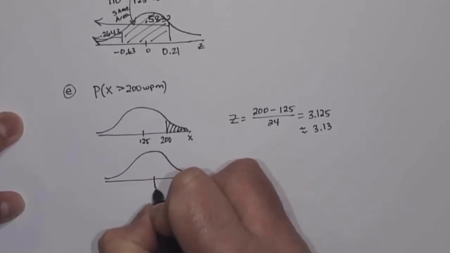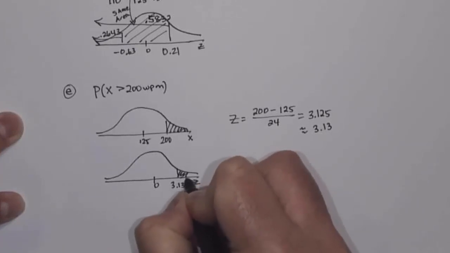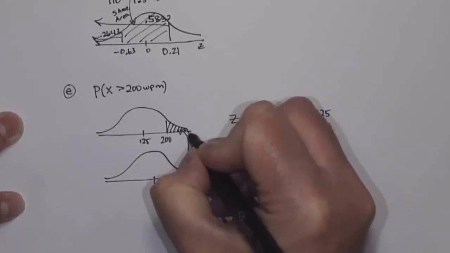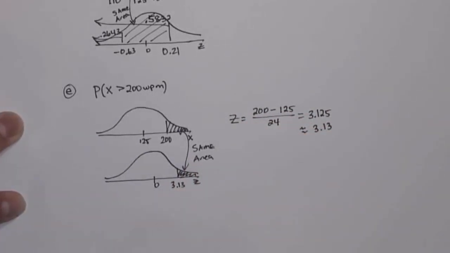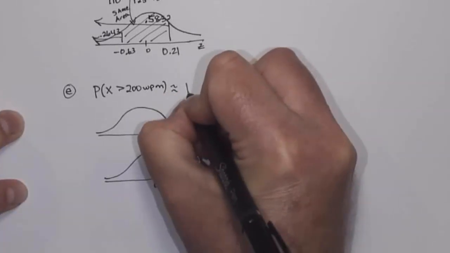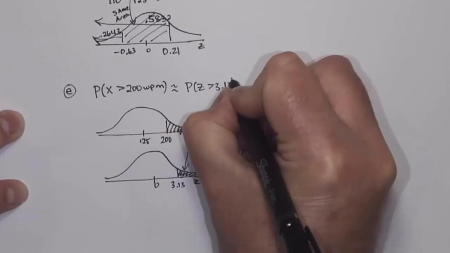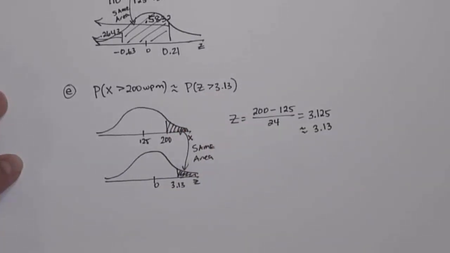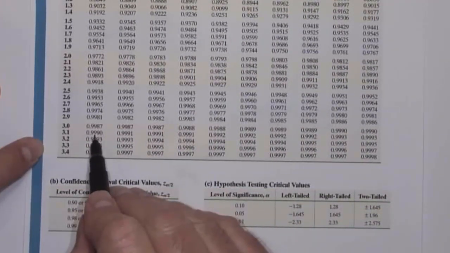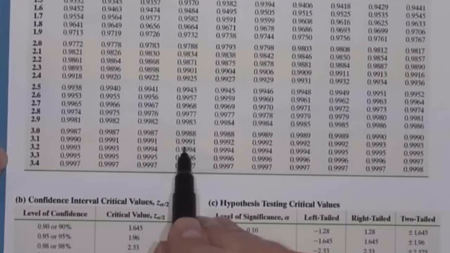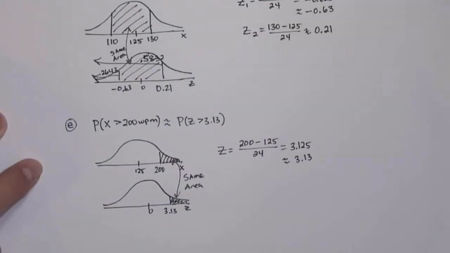So for our standard normal distribution, 3.13 would be here. We're going to find that area. And again, these two areas would be the same approximately. So this is approximately the same as Z being greater than 3.13. So looking up 3.13 in our table, 3.1, then 0.03, that area is 0.9991 to the left.